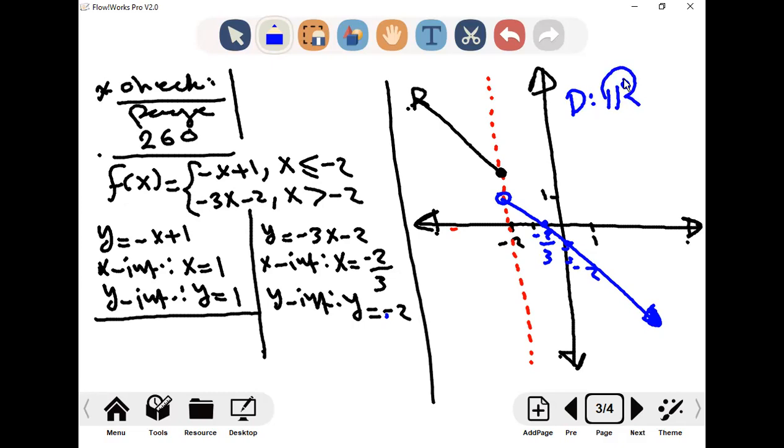So how about the range? This part covers all these values, right? And this part covers all the rest of the values. So the values of all y are also covered.